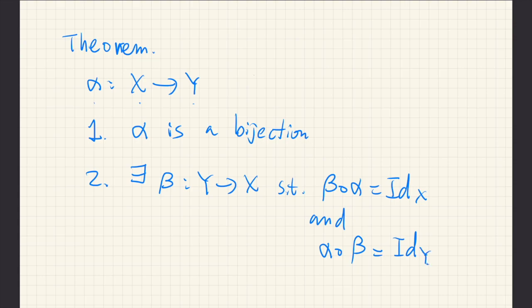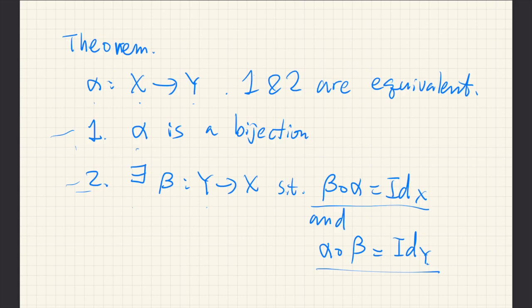Okay, so 1 and 2 are equivalent. So that means 1 implies 2 and 2 implies 1. In other words, alpha is a bijection if and only if there exists another map, beta, from Y to X, such that this holds.